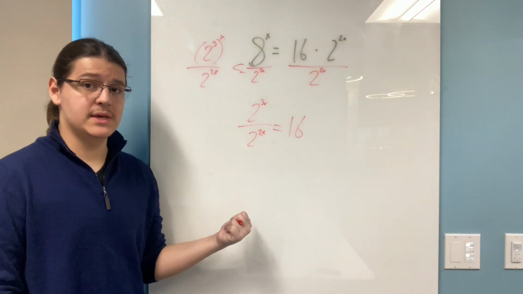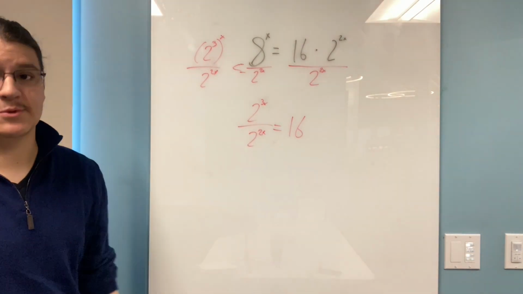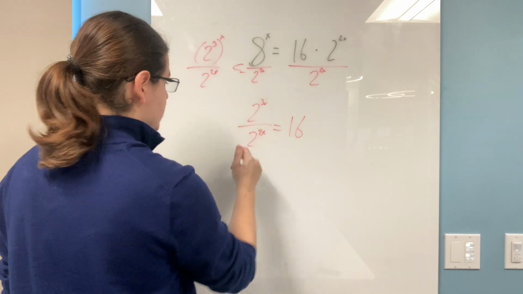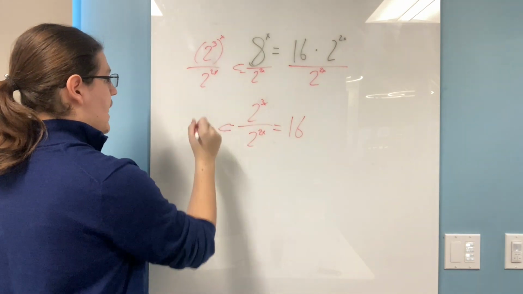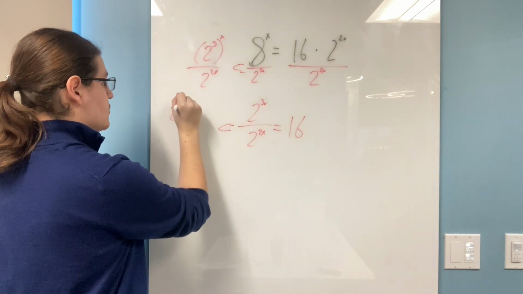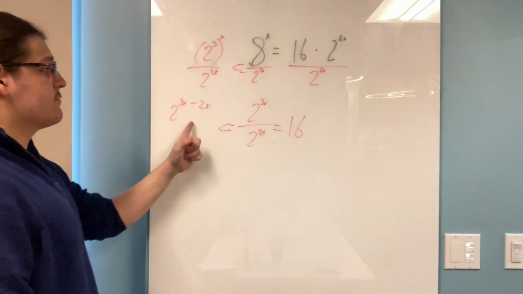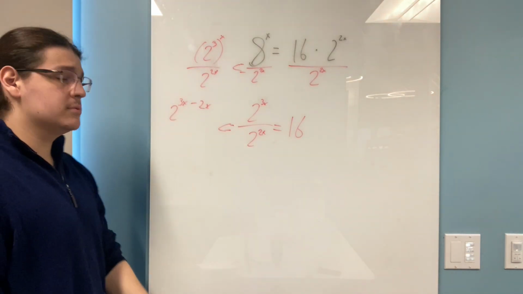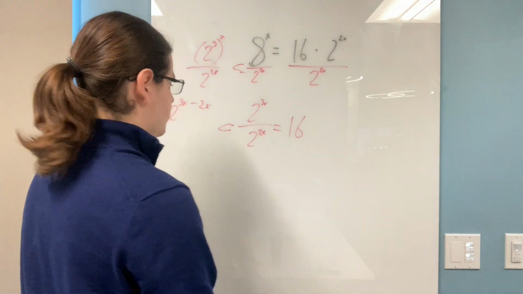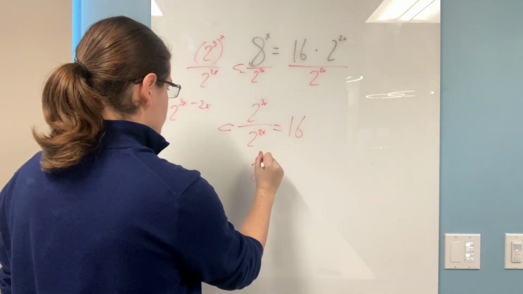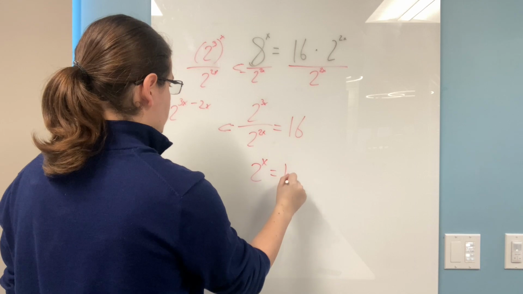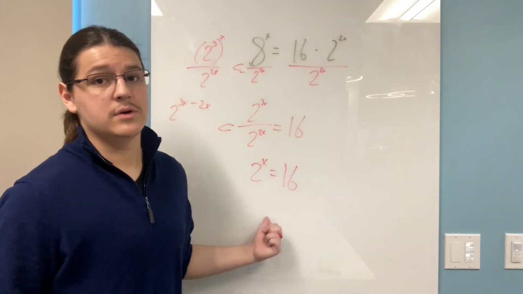Now that we have the same bases, now we can subtract normally. This is the same as having 2 to the 3x minus 2x. Cover up the variables, we get 3 minus 2, which is just 1. So we're left with 2 to the x is equal to 16.